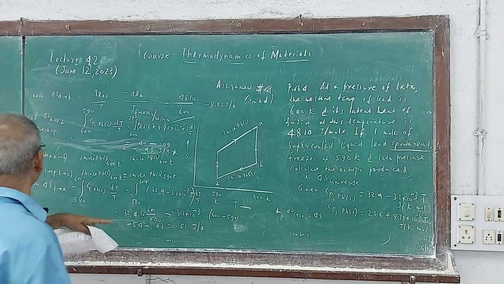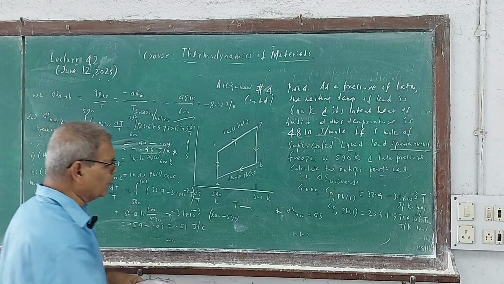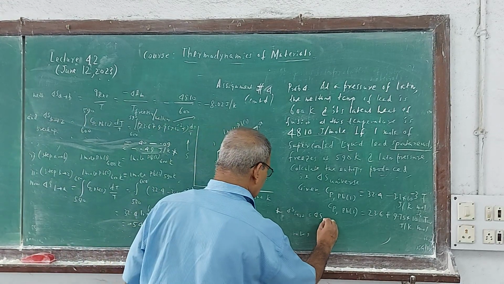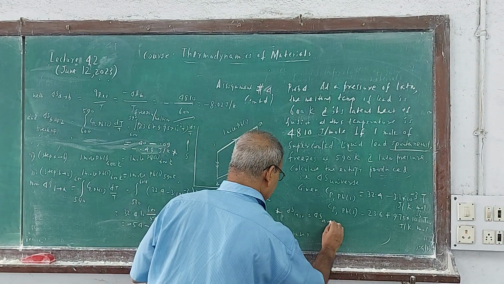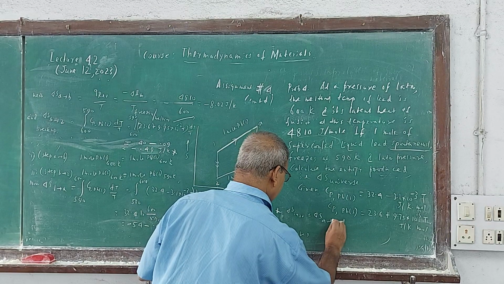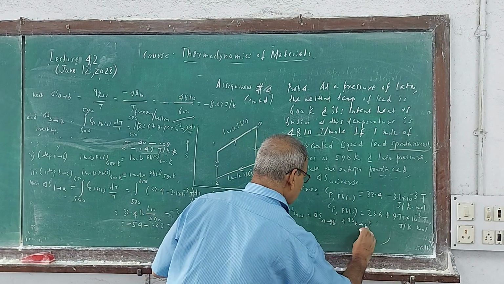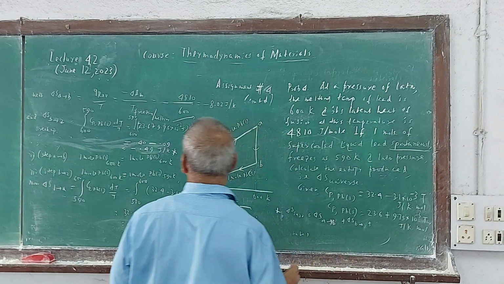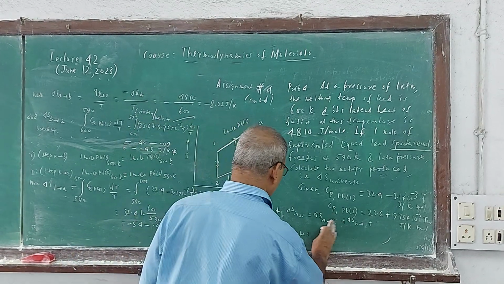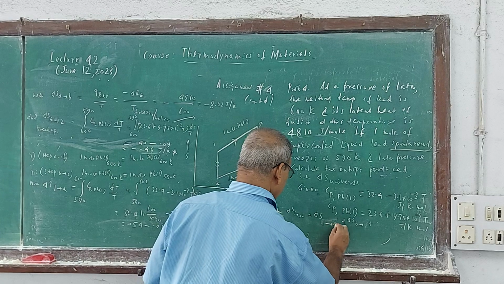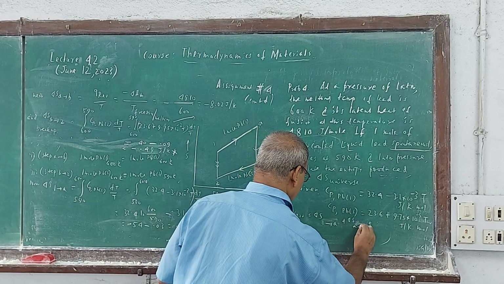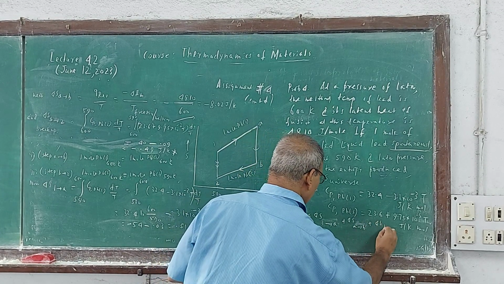The 3 steps: 1 to A, A to B, B to 2. So that is 1 to 2. Delta S system is delta S 1 to A plus delta S A to B plus delta S B to 2.